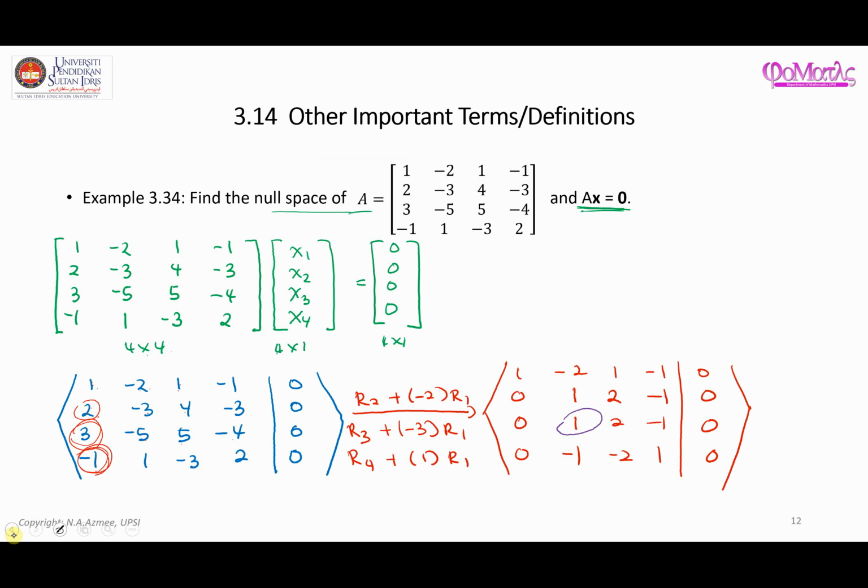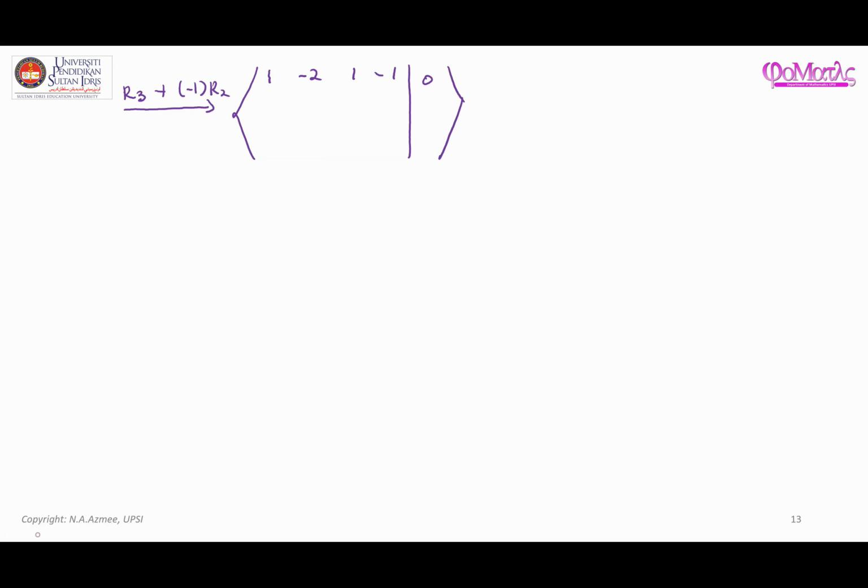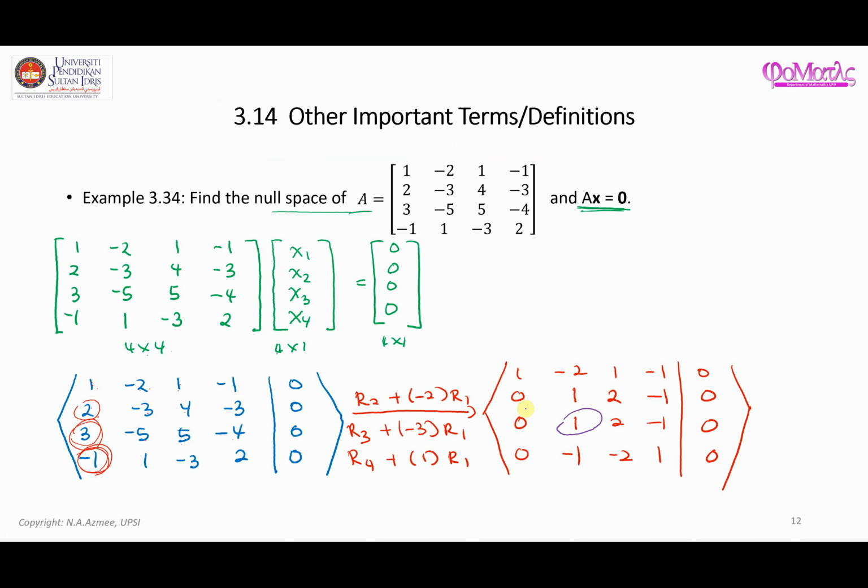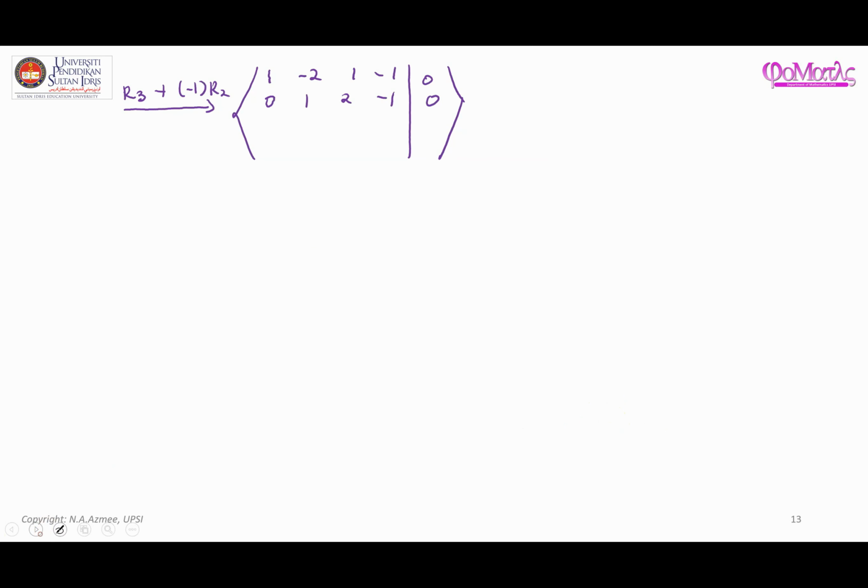And then we have 0, 1, 2, -1. So here we have 0 minus 0, 1 minus 1, 0, 2 minus 2 is 0, -1 plus 1 is 0. So everything here is going to be 0.